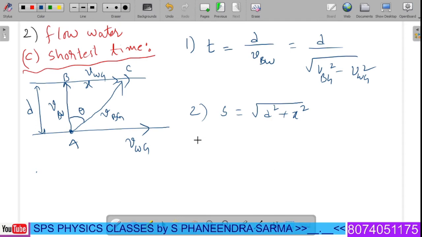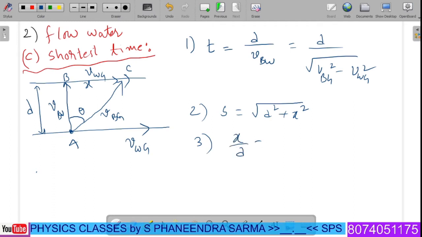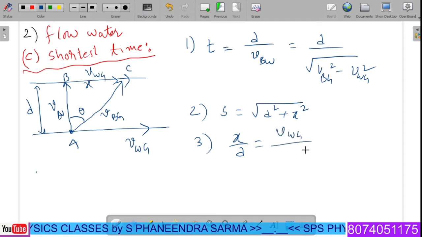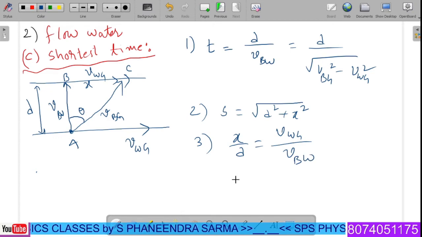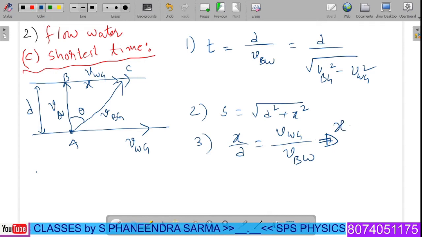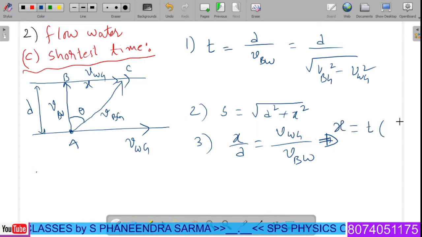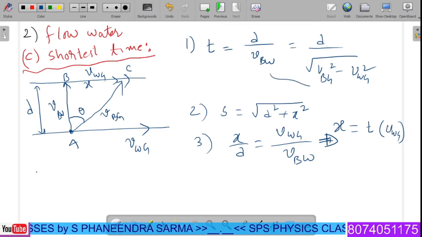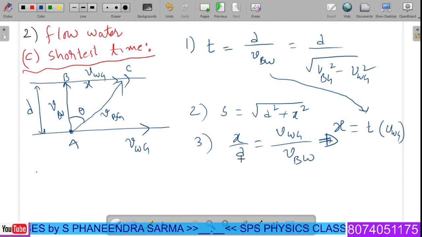And third, in this particular triangle, we can write X by D is equal to opposite side VWG by VBW, or the value of X, the drift, is equal to time of journey into velocity of water relative to ground. So the time of journey T must be prepared here, or you can just cross multiply, D by VBW is nothing but T. We'll get this kind of answer.